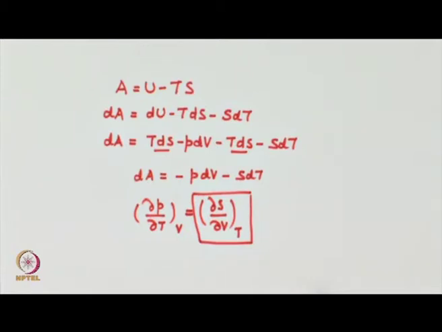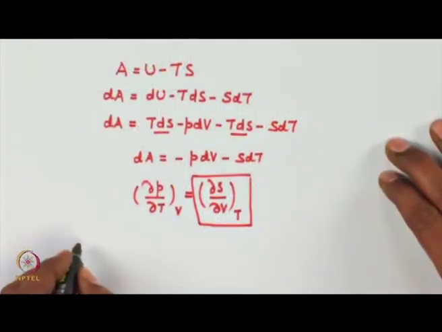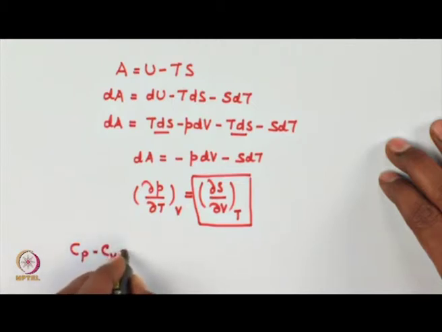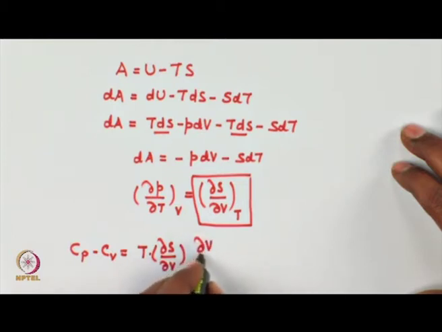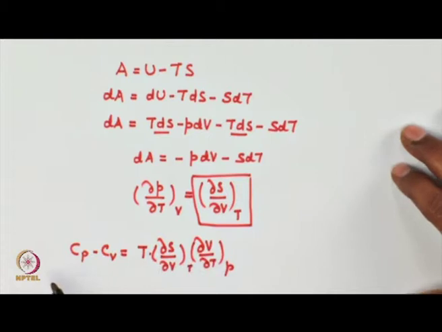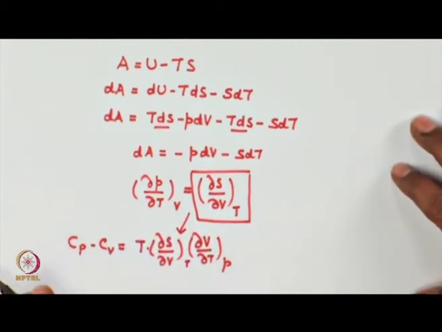So what I had earlier was Cp minus Cv is equal to temperature into the variation of entropy with volume at constant temperature, into the variation of volume with temperature at constant pressure, and I will substitute this.